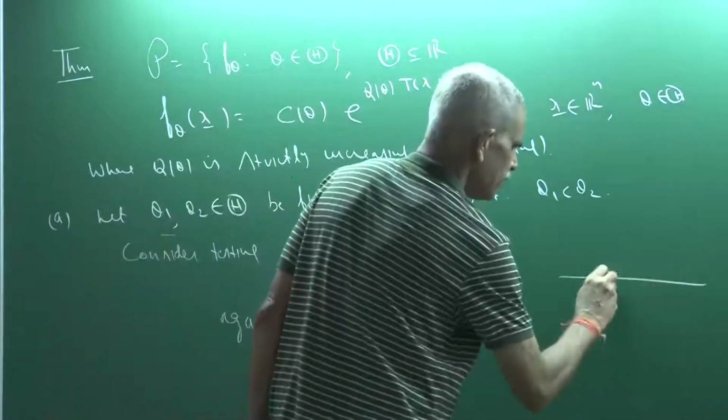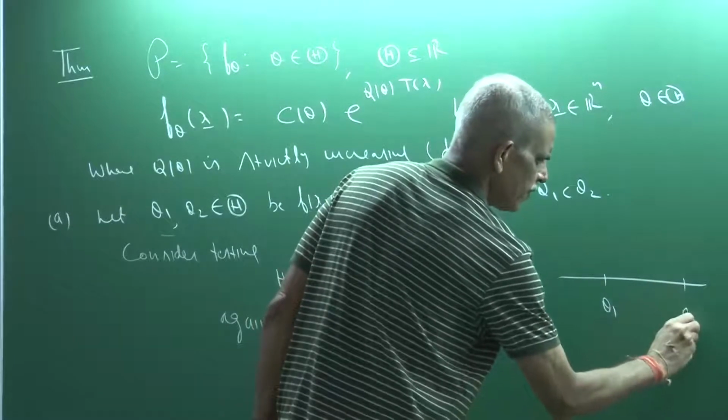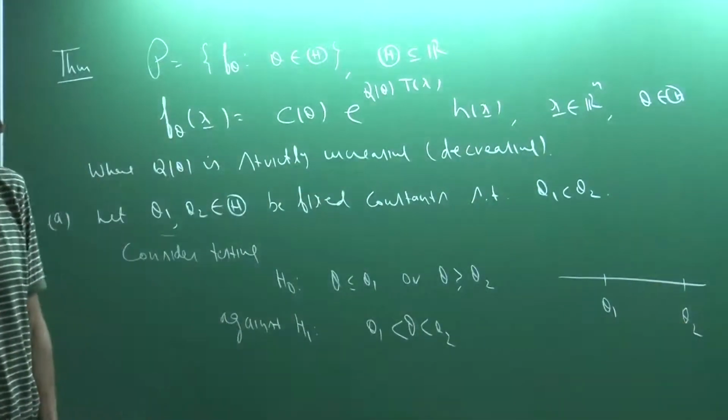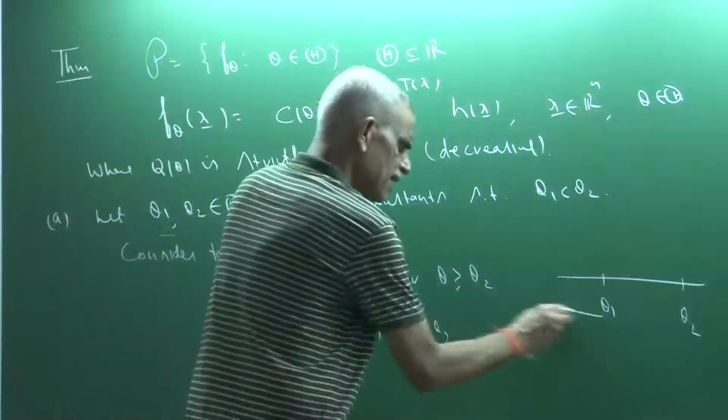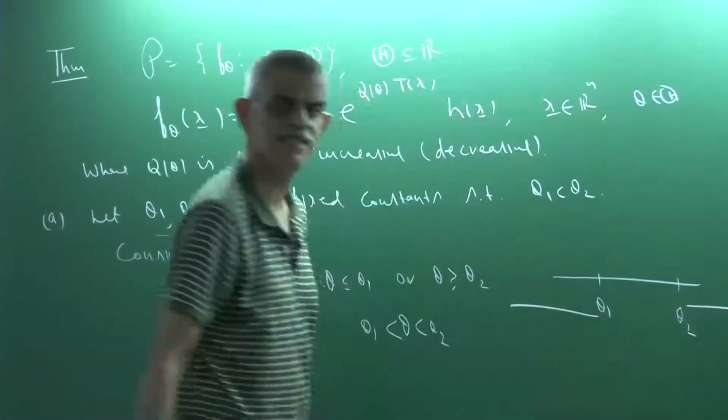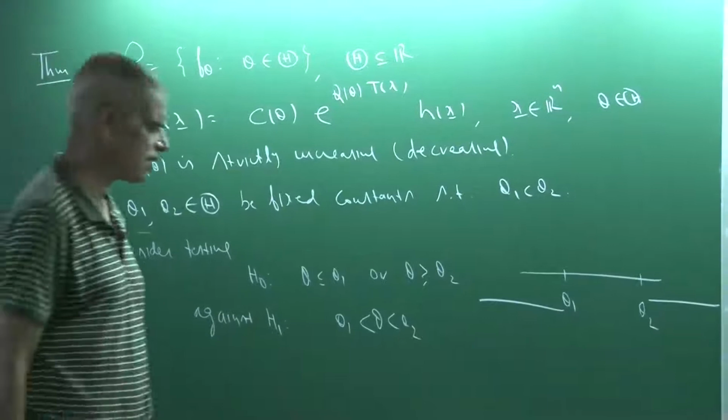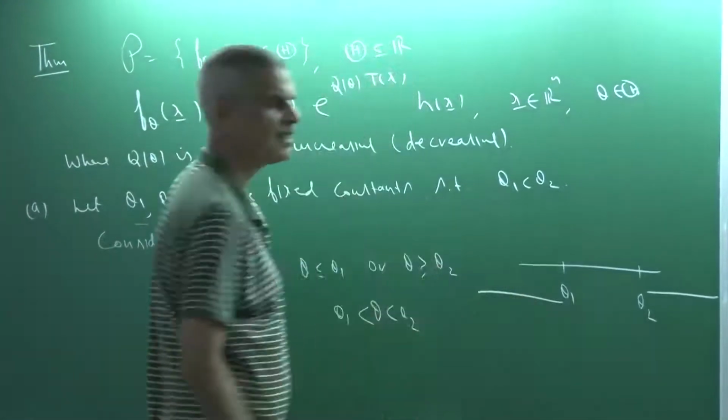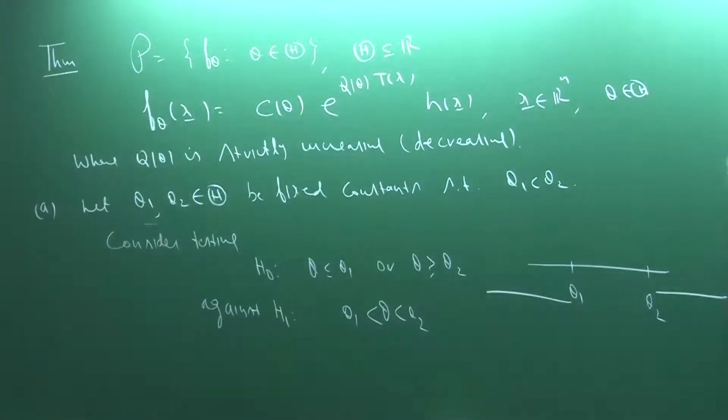So the situation is like this: theta 1 and theta 2 are fixed constants given to you in the parameter space. Your null hypothesis is that theta is either here or here, and you're testing such a hypothesis against the hypothesis that theta is between theta 1 and theta 2.